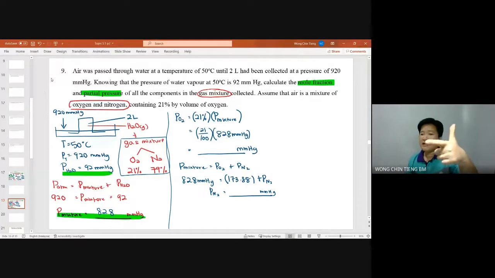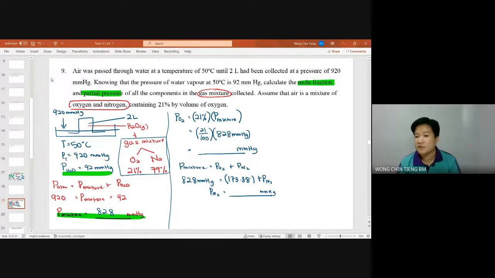Lagi banyak soalan bagi, lagi tak payah banyak kamu fikir. The less the question gives, soalan lagi pendek, lagi banyak kamu kena fikir. Soalan lagi panjang, they give you everything that you need, you only answer. Apa yang susah? So you got the partial pressure of nitrogen gas. Done. Separuh of the question.